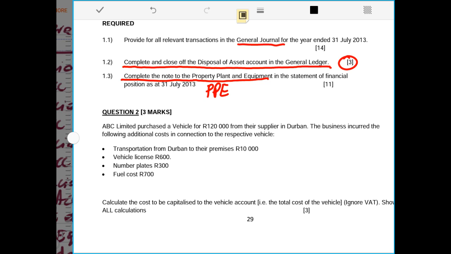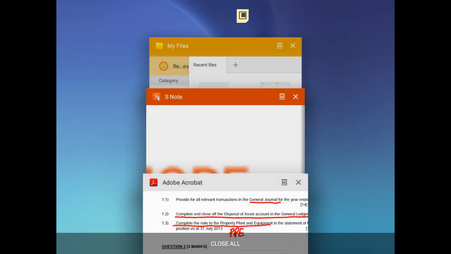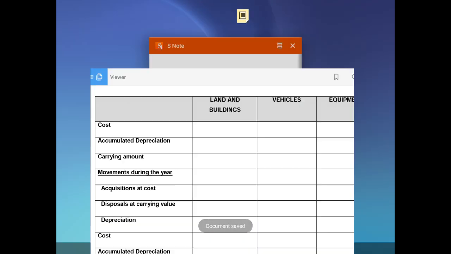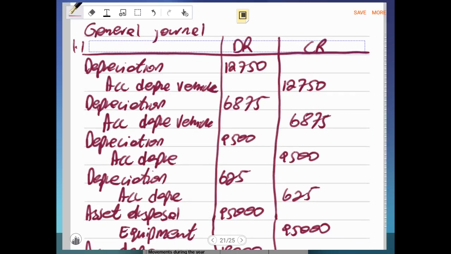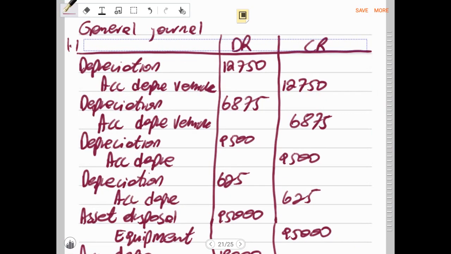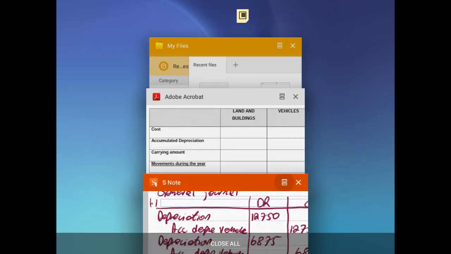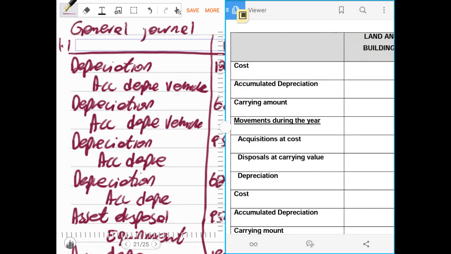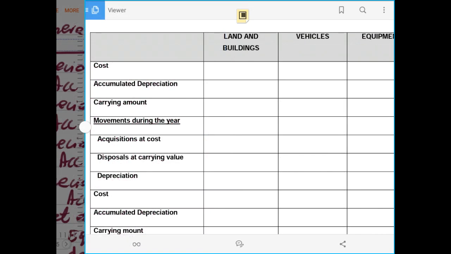In answer to this question, I will prefer that I just use the note that I've already completed before I did this exercise. So now I will just show you how to do the note. In fact, I've already done the skeleton of the note, so now we'll just work on what is already on the table. So now here is how your note must always look like.